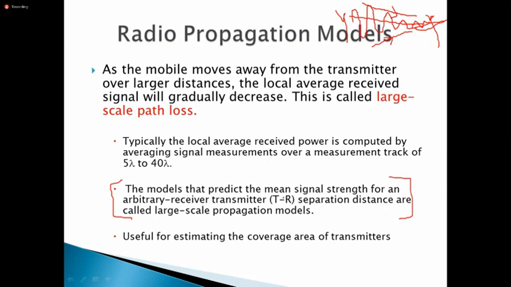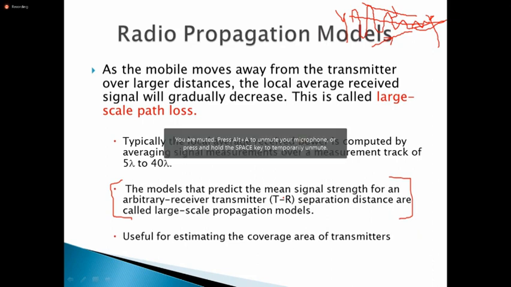Large scale propagation models are the models that calculate the mean signal strength for transmitter receiver distances. They are useful for estimating the coverage area of transmitters.